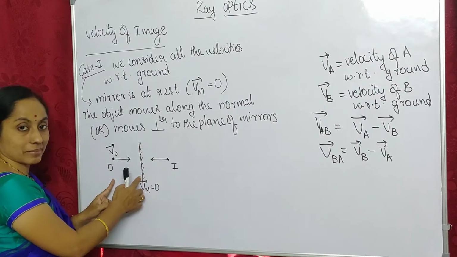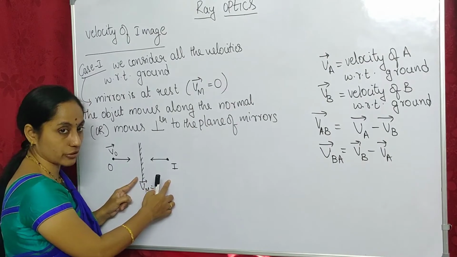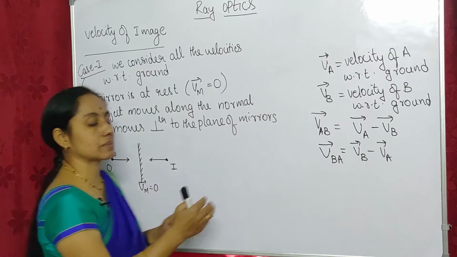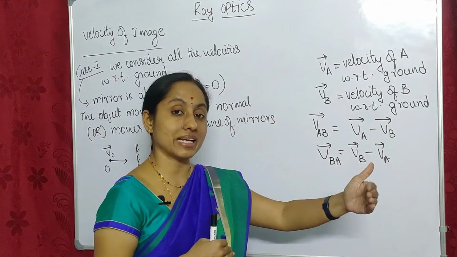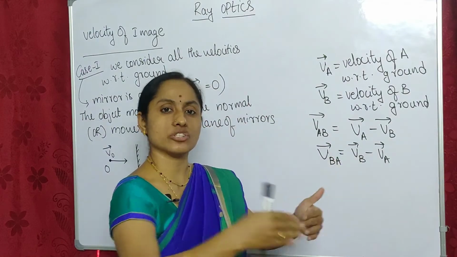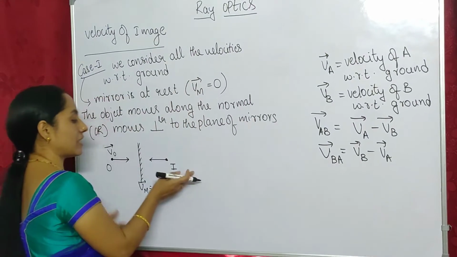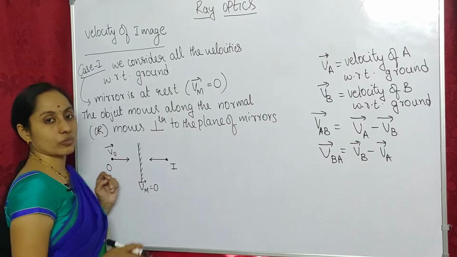If the object is at 10 meters distance from the mirror, the image is also at 10 meters distance from the mirror. Now you have taken 2 steps towards the mirror. That means the distance between you and mirror is 8 meters. Then what should be the distance between mirror and image? 8 meters. That means the image is moving towards the mirror when the object is moving towards the mirror.